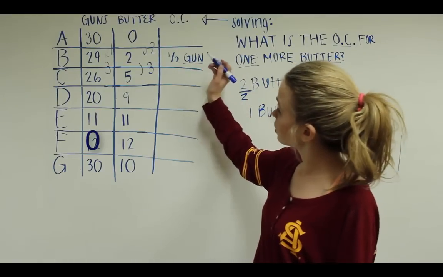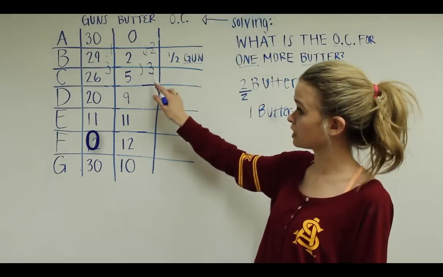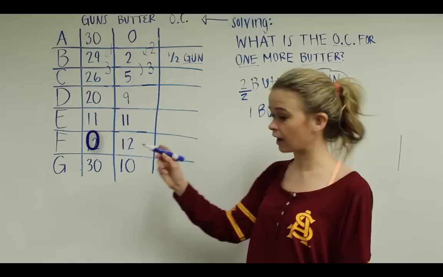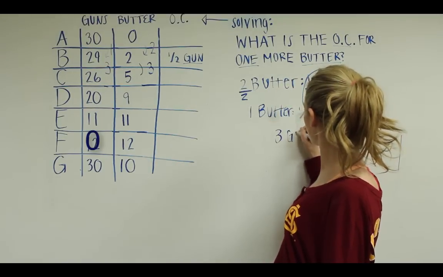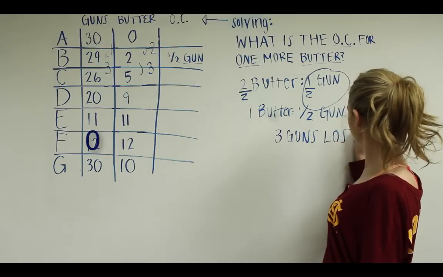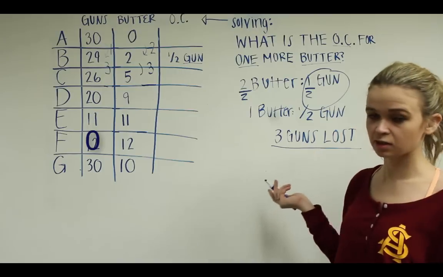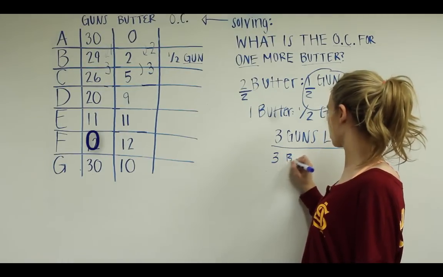So we're going to use 3 gains and 3 loss. So if we divide our loss, 3 guns lost, all we have to do is divide that by how many we gained. And how many did we gain? 3 butter gained.